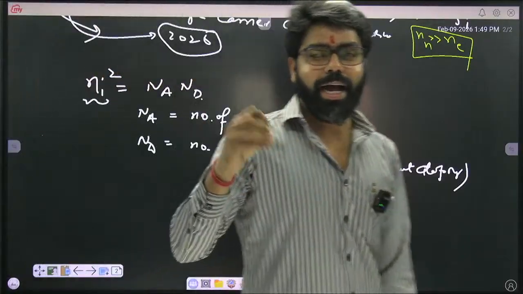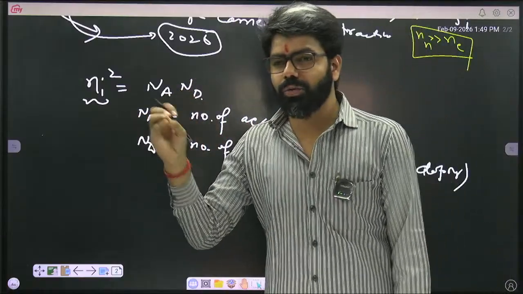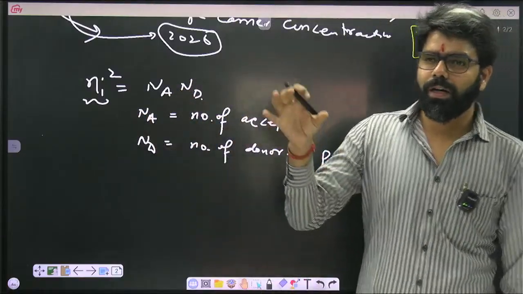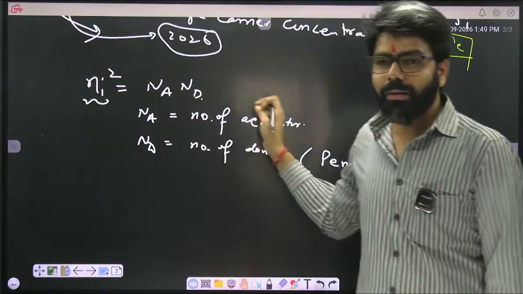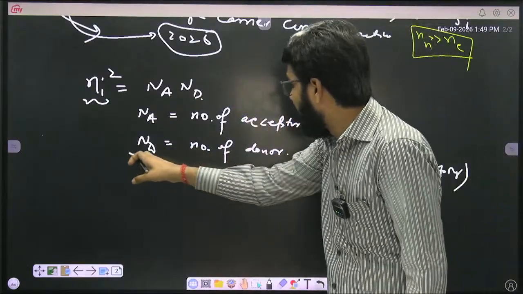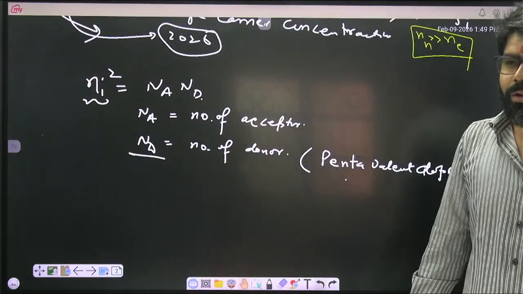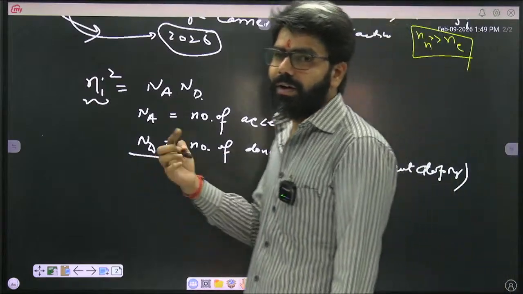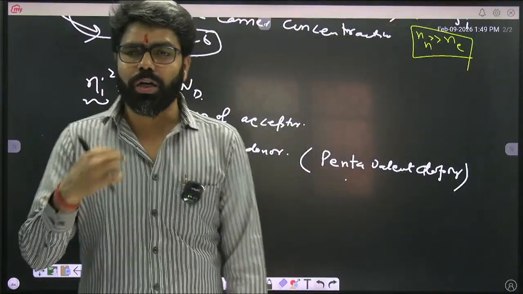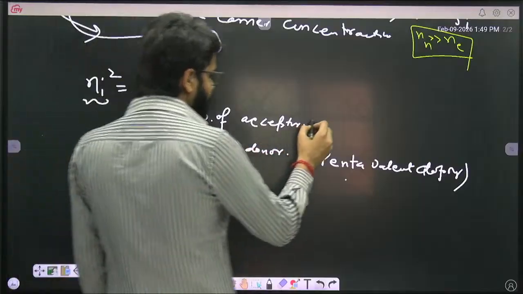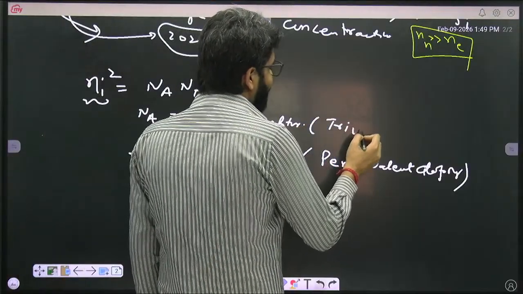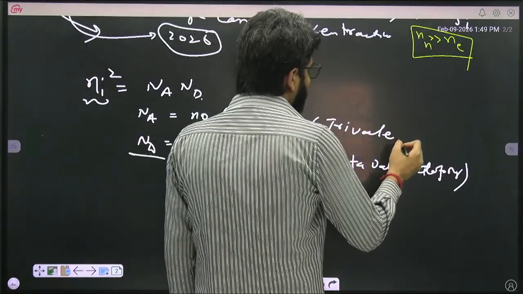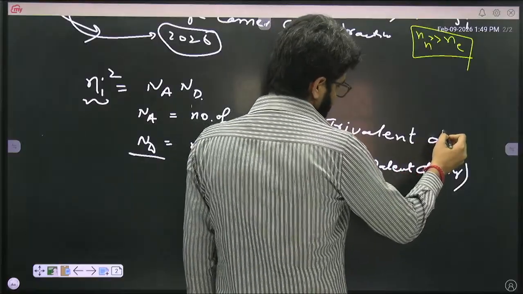So that atom was used to dope the silicon semiconductor. That number of atoms is actually the number of the donor. Why the number of the donor? Because they give electrons. And the number of the acceptor is for the trivalent, so it gives the vacant place.